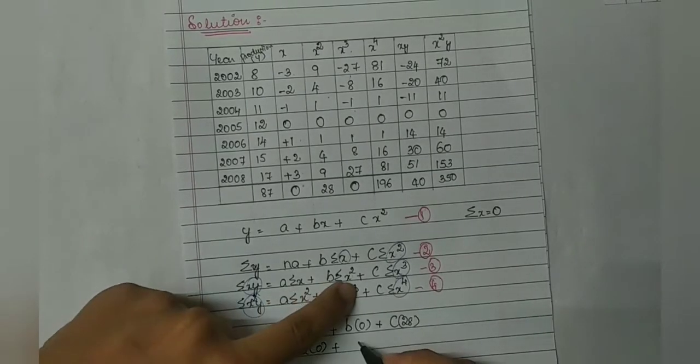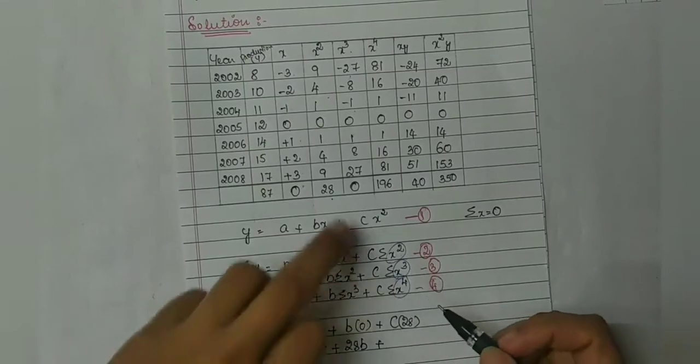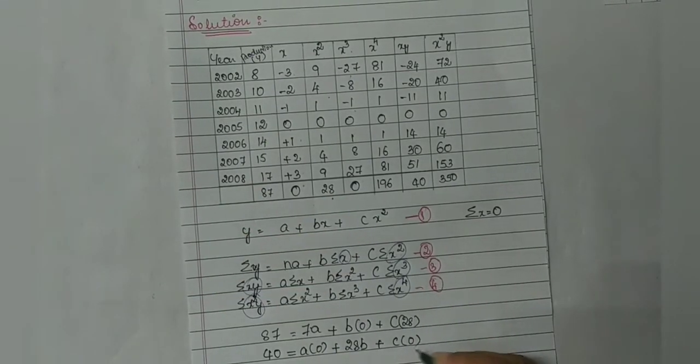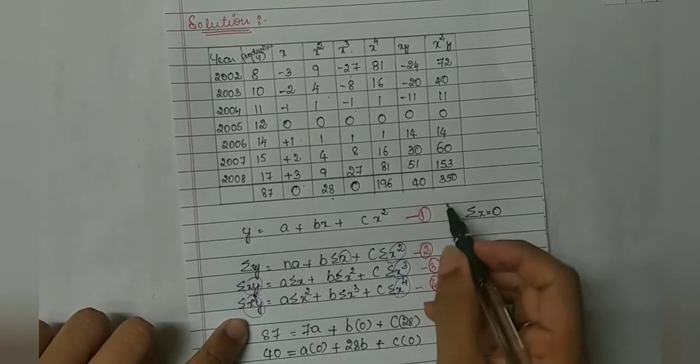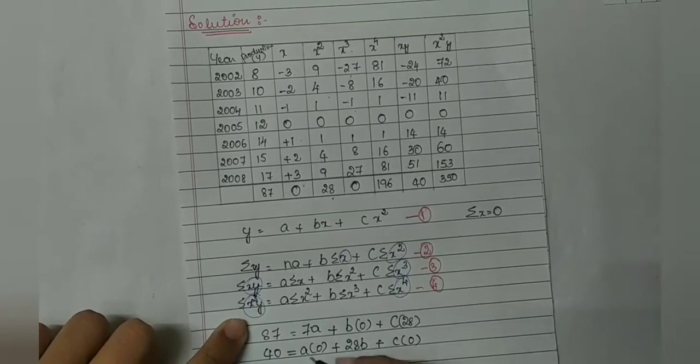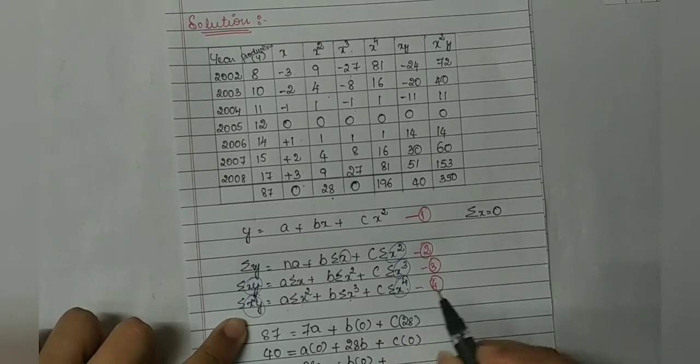plus b, summation x square is 28b, plus c, so x cube is 0 again, so c into 0, last one is summation x square y, it is 350, is equal to a summation x square, it is 28a, plus b summation x cube is 0, so b into 0, plus summation x to the power of 4, that is 196c.